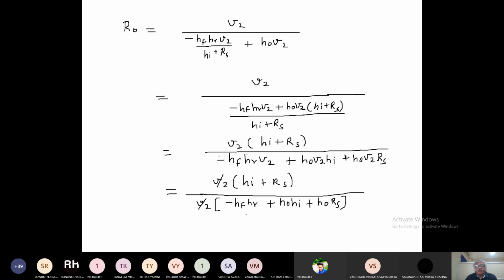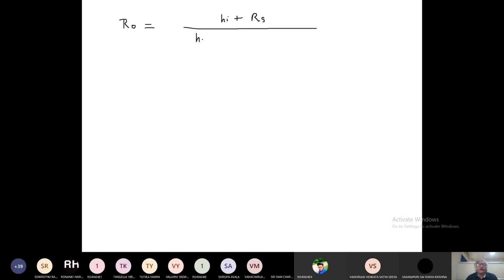So we will get R0 is equal to (HI plus RS) in the numerator, and in the denominator, first I will write the last term, H0 RS, plus the middle term, H0 HI, then the first term, minus HF HR.